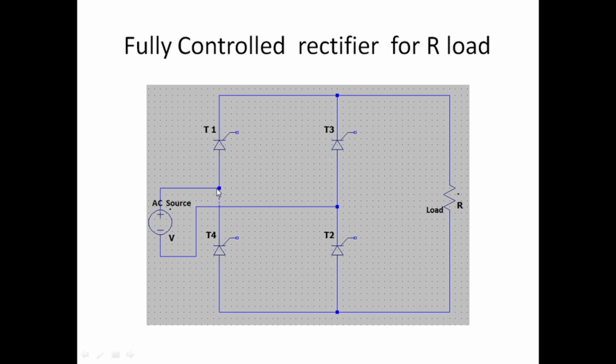We can see here current flows here. So if you find the load voltage somewhere here, it is the same as whatever voltage we are getting from this AC source. So the load is receiving this AC input voltage once T1 and T2 start conducting.